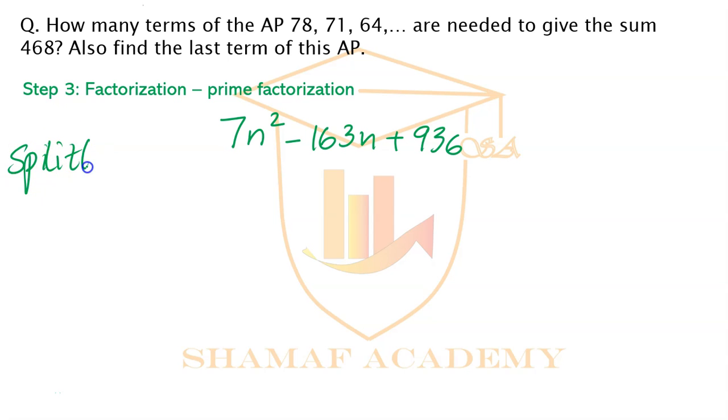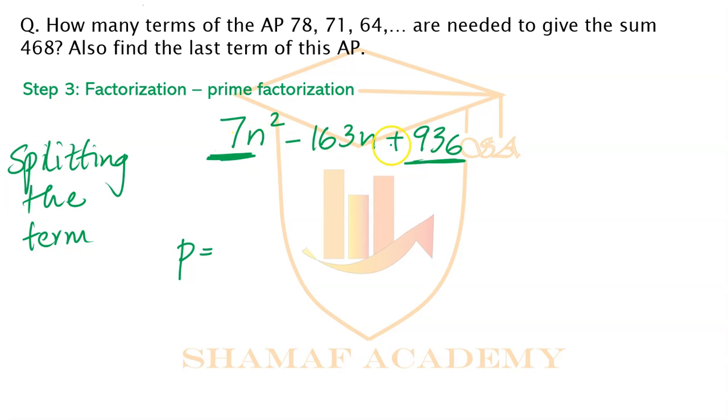And in splitting the middle term, we have to play with the factors of the sum and product. Now, what is the sum and product, you ask? The product, let's call it P, is the product of the first numerical coefficient and the last numerical coefficient.